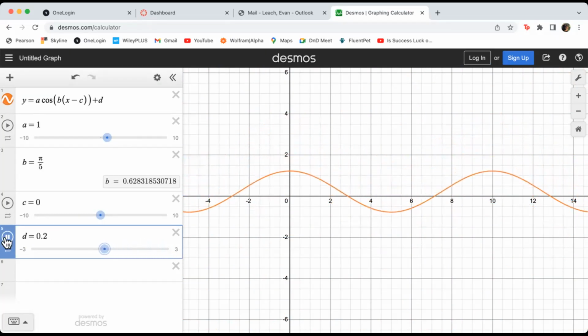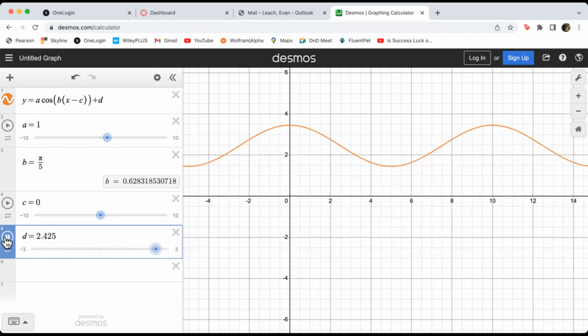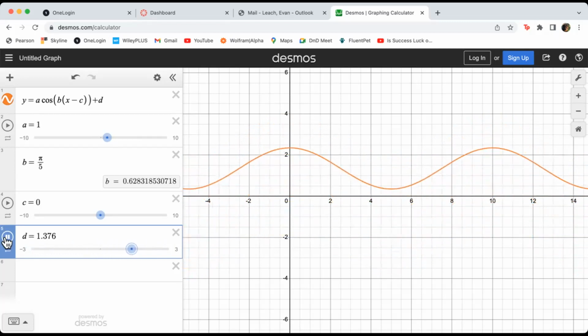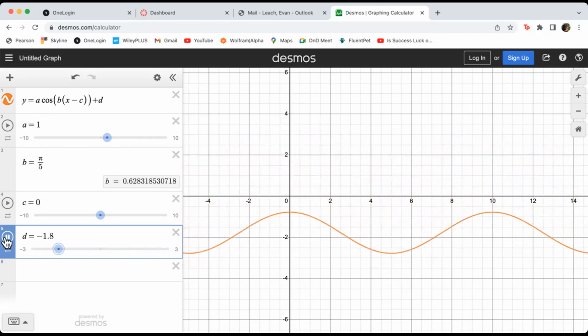Maybe it's the same range to go through, but it's just throwing it off. Doesn't matter. So we can see that the amplitude, the period, and the horizontal shift aren't changing. So it looks like D is in charge of the vertical shifting.